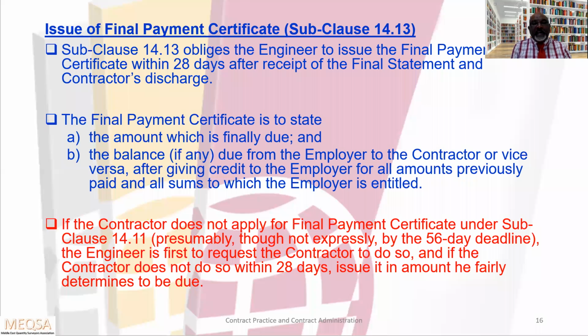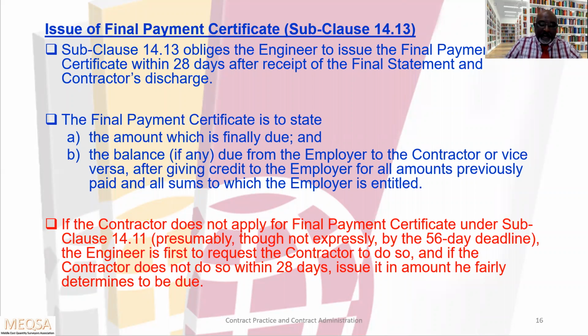If the contractor does not apply for the final payment certificate under Subclause 14.11, the engineer is first to request the contractor to do so. And if the contractor does not do so within 28 days, he issues it in the amount he fairly determines to be due. In some cases, the contractor will not apply for any final payment certificate. For example, this is not ethical.